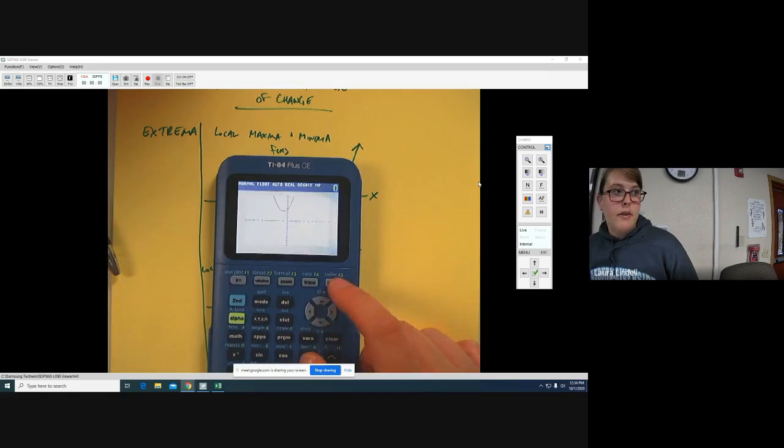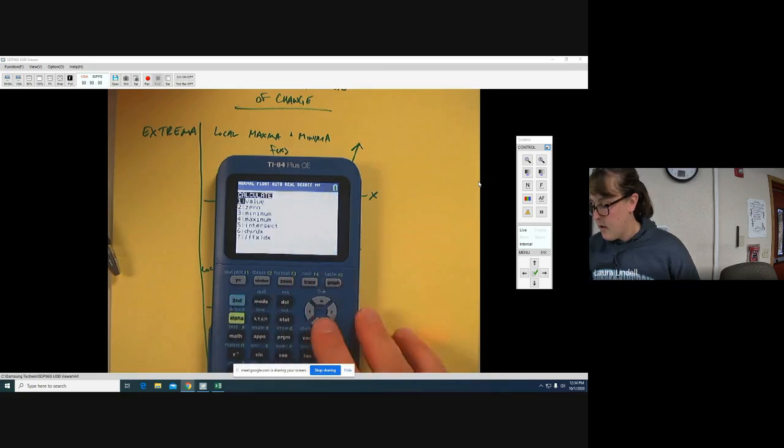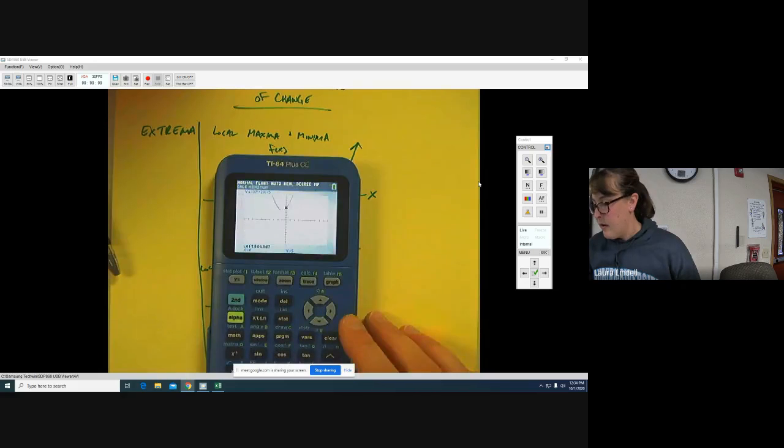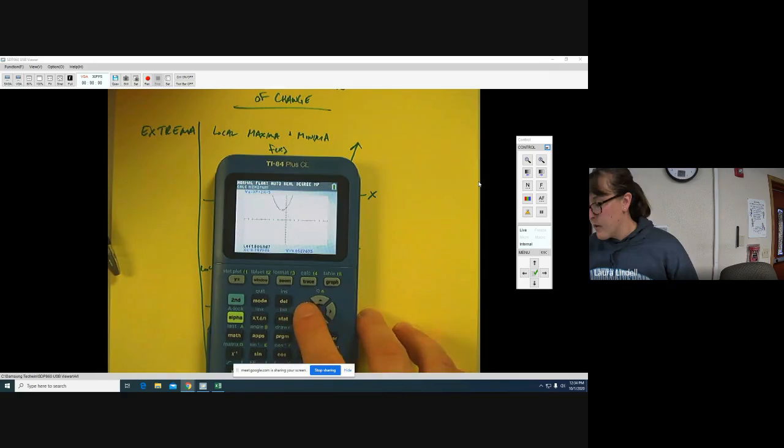On the graph, notice that this one looked like it had a minimum, not a maximum. So we're looking for the minimum. So you'd hit enter, and then you'd go to somewhere to the left of your minimum, and you'd hit enter. And then you'd go somewhere to the right of your minimum, and you'd hit enter.